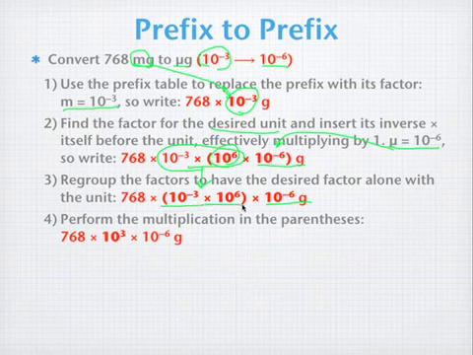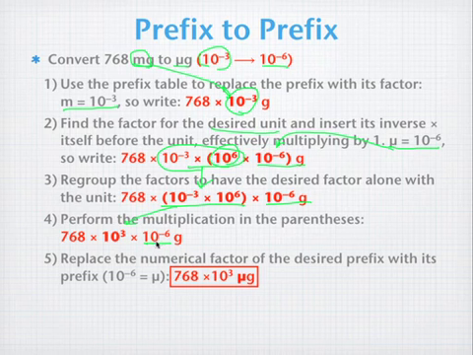Take that 10 to the minus 3 and 10 to the 6th, multiply them together. That gets us 10 to the 3rd. We still have our unit that indicates micro by itself. Let's convert that 10 to the minus 6, micro, to its letter, its prefix, mu is micro. And that leaves us with a value of 768 times 10 to the 3rd micrograms.